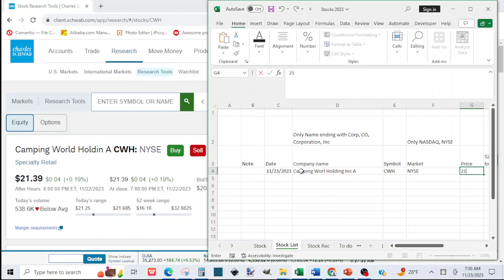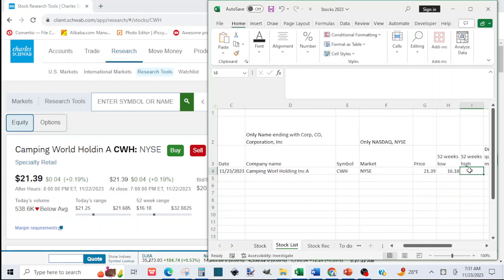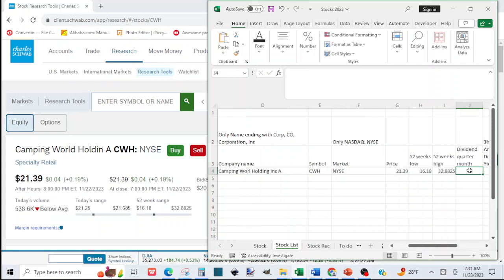The price is $21.39. The 52 week range, the lowest price is the 52 week low, and the highest price is the 52 week high. So you want to enter that on your spreadsheet. That'll be 16.18 for the low and 32.88 for the high. That means at some point within the 52 weeks, it sold for $16.18 and it sold for $32.88.